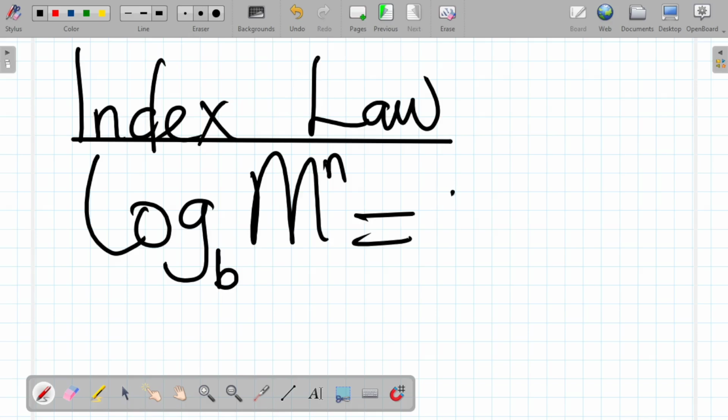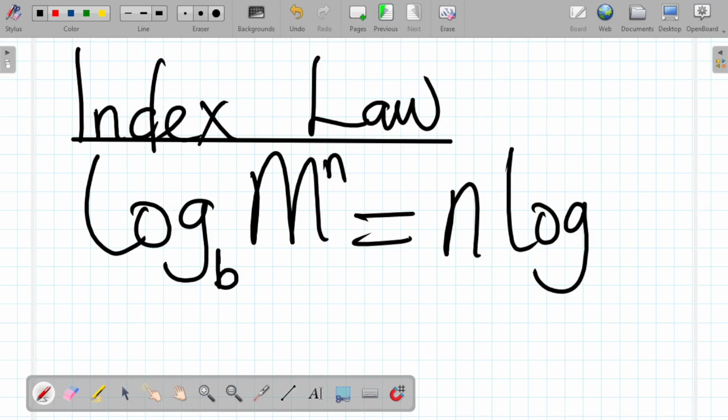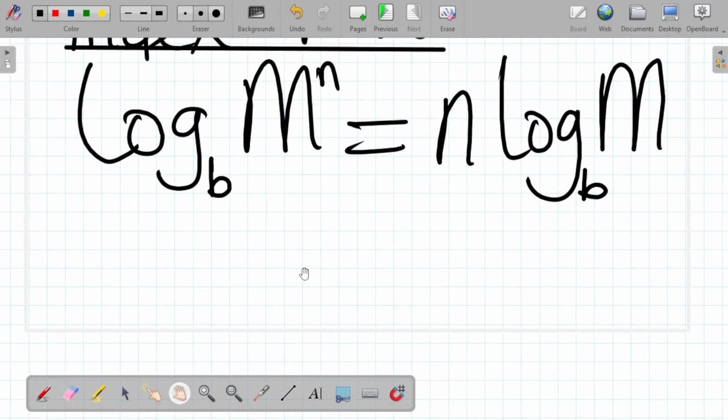So we have n multiplied by the log, and then you write the argument m, and then you write back the base, base b. It's just a simple task.